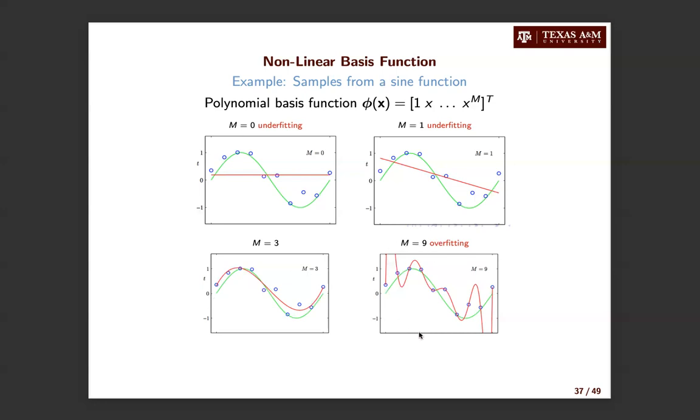However, when we have a higher order polynomial, and in this case we see a 9th order polynomial, we can see that this red line that represents this 9th order polynomial doesn't represent the structure of our data at all. So this red line pretty much does not depict any of the structure that is being represented by the green line, which is the line that was used to generate our data.